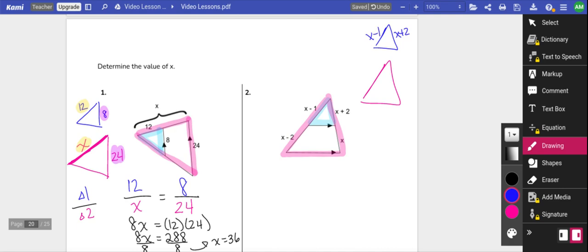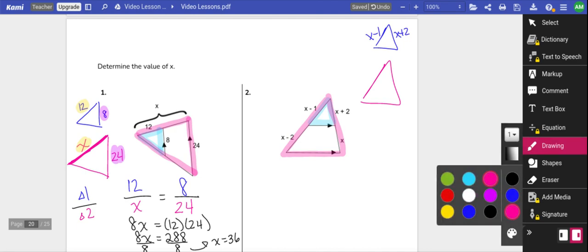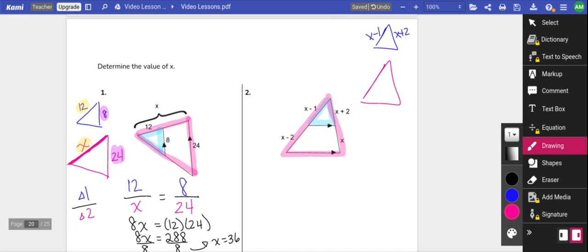In my big triangle, the whole thing is not labeled yet. Only a piece of it is. This piece is x. This piece is x plus 2. I can add them together. If I add x plus 2, I get 2x plus 2. In my other side, same thing.